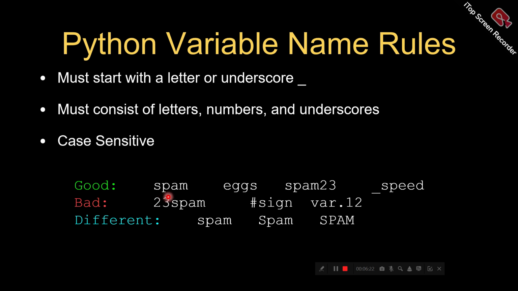For example, if you want to store some spam value, name it spam or spam_value, so that if you give your code to someone else later, that user or developer will understand what purpose the variable is used for. Other than that, you cannot use the hashtag, since this is a comment in Python. Then again, you cannot use the dot.